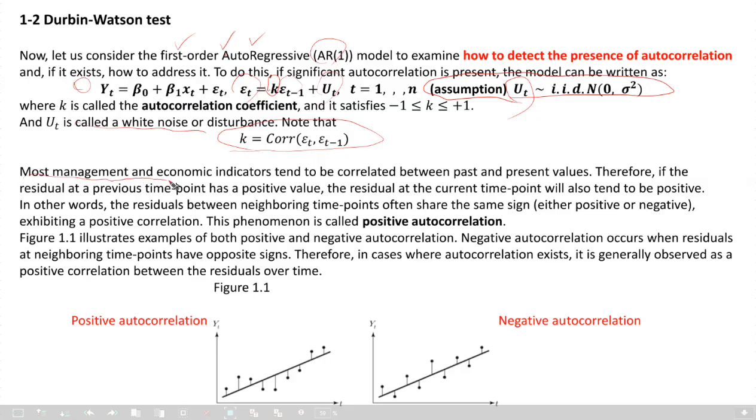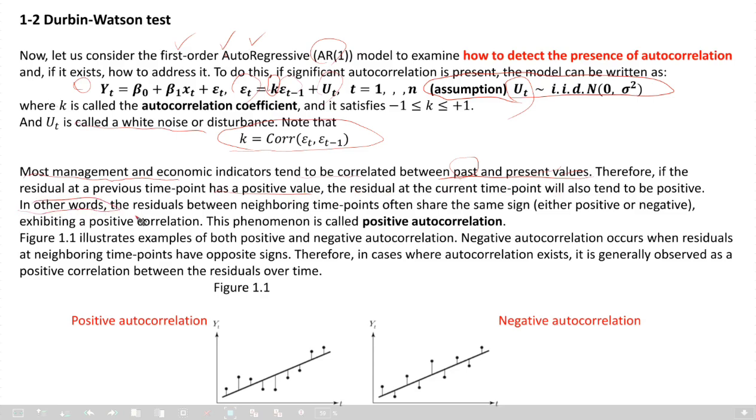Most management or economic indicators tend to be correlated between past and present values. Can you guess it? Therefore, if the residual at the previous time point has a positive value, then the residual at the current time point will also tend to be positive.